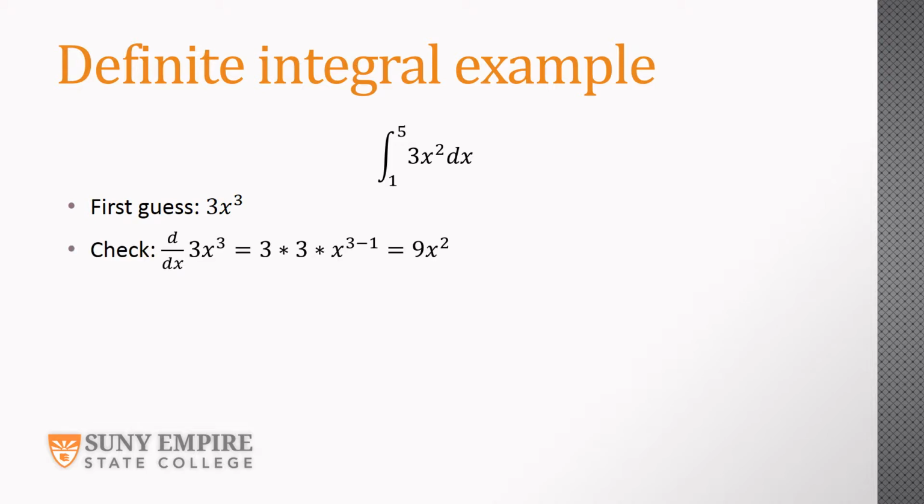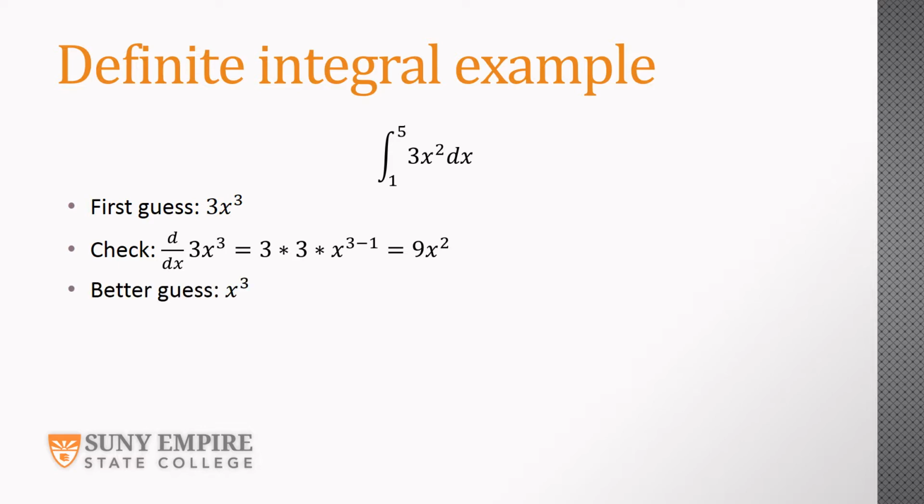To check whether or not we were correct, we take the derivative of 3x to the third power with respect to x. We have 3 multiplied by 3, x raised to the power 3 minus 1, which simplifies to 9x squared.